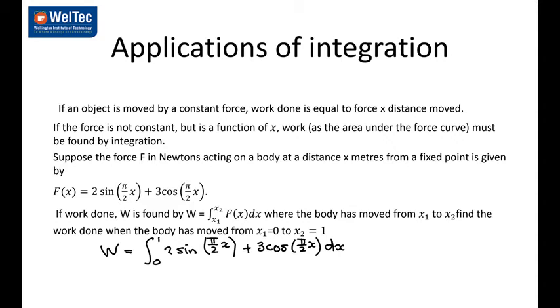So what would we find? We'd find that that's equal to -4 over pi cos pi by 2x plus 6 over pi sine pi by 2x.